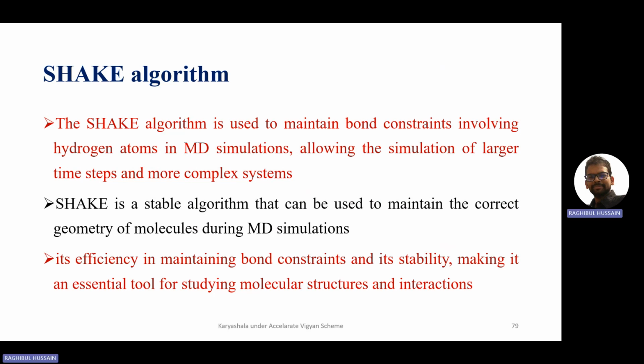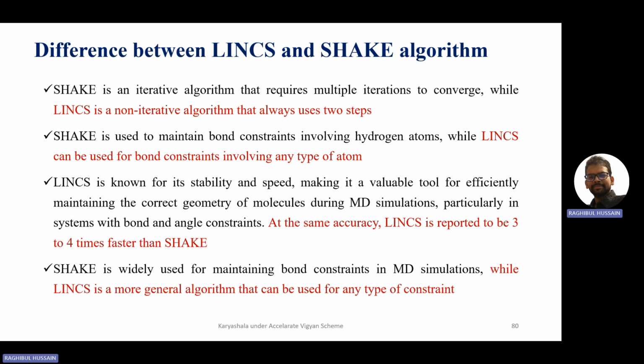So SHAKE is a stable algorithm that can be used to maintain the correct geometry of molecules. Its efficiency in maintaining the bond constraint and stability makes it an essential tool for the study of molecular structure.